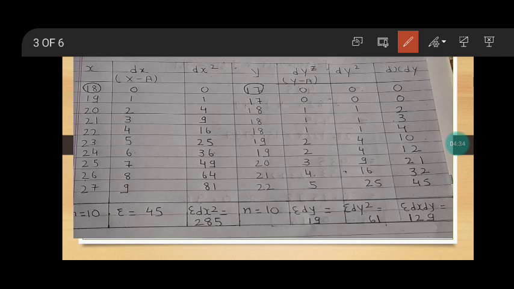These are the items given to us in the problem in the X series. Then we will calculate dx. Now how are we going to calculate dx? dx refers to the deviation from the X series.